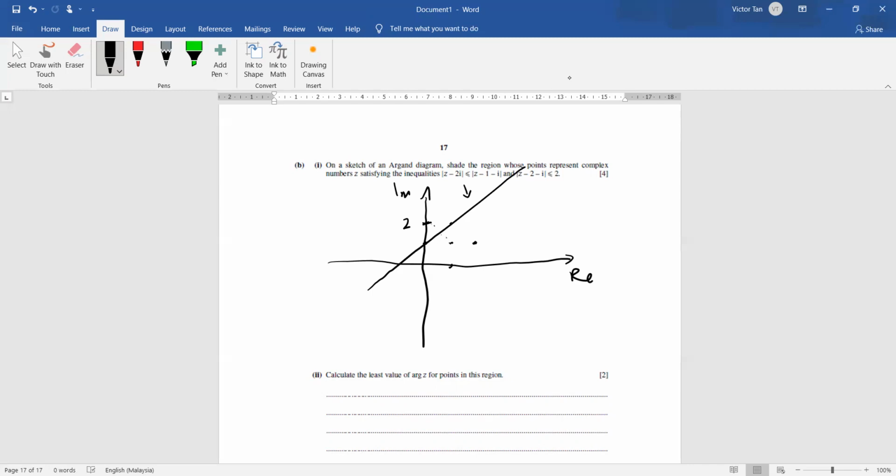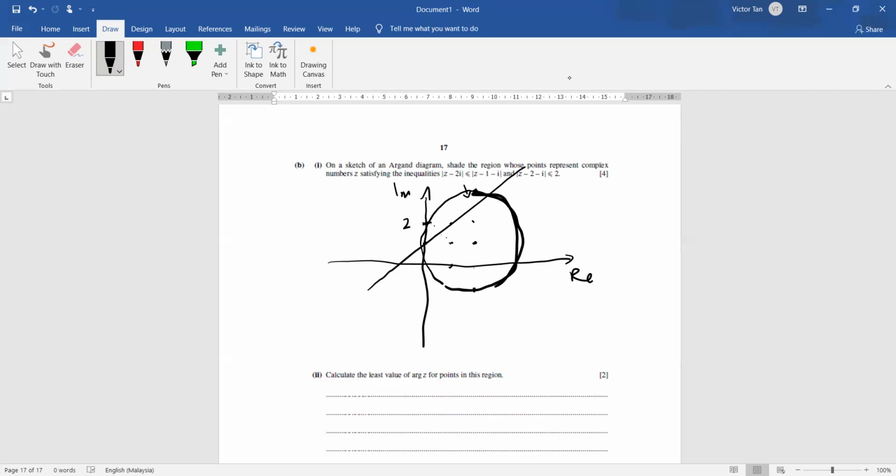So it's a circle with a radius of 2. Now, z minus 2i is here, is smaller. That means it is on this side.